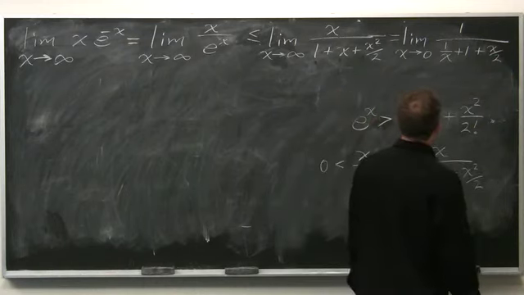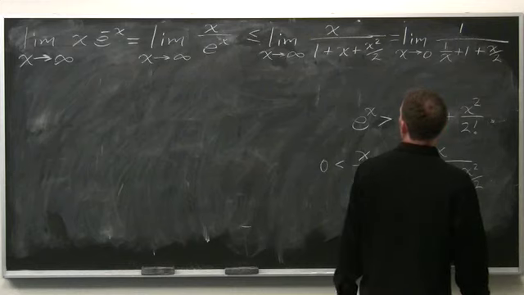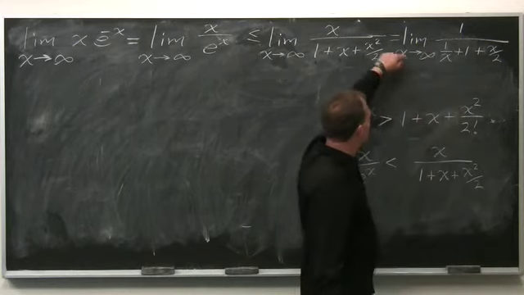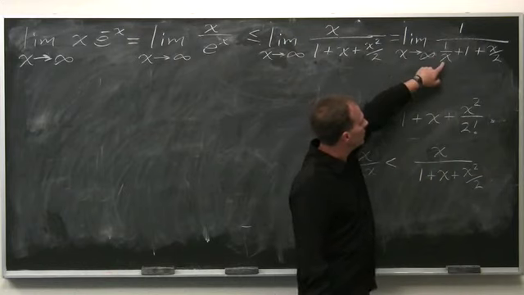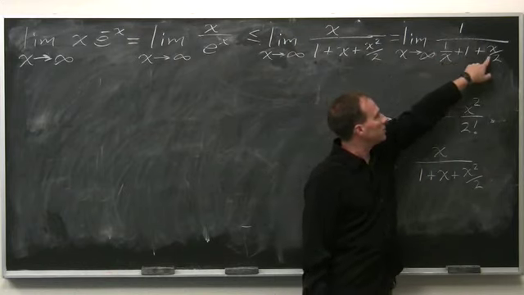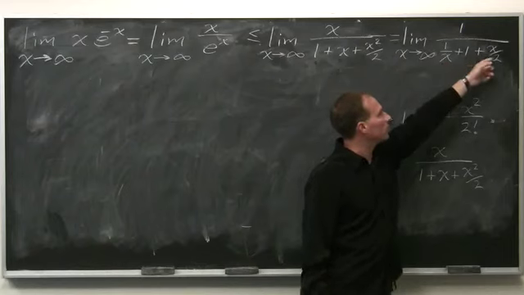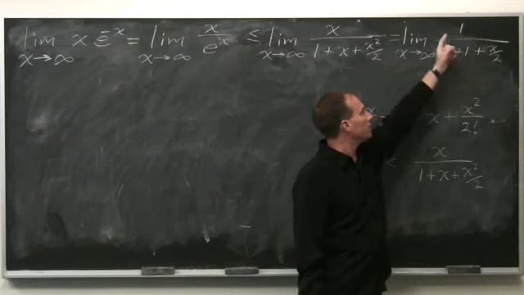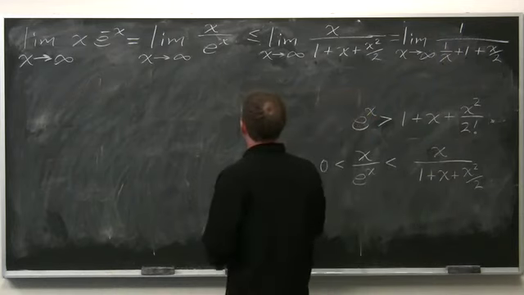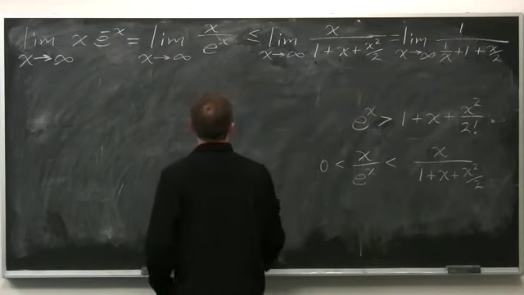The big deal is that I changed infinity to a 0. As x goes to infinity, 1 over x goes to 0. So then plus 1 plus something going to infinity. So you get a 0 plus 1 plus something going to infinity. Denominator goes to infinity, 1 over that, 0. One way or the other, you need to know that this limit is 0.